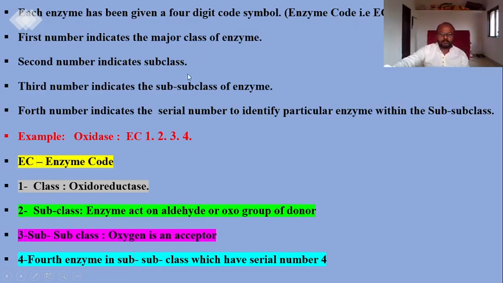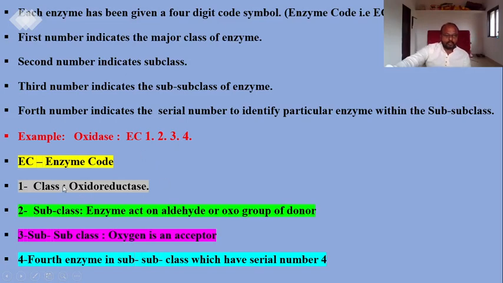The first number indicates the major class, the second number indicates the subclass, the third number indicates the subclass, and the fourth number indicates the serial number identifying that particular enzyme within the subclass. So this is the enzyme code.